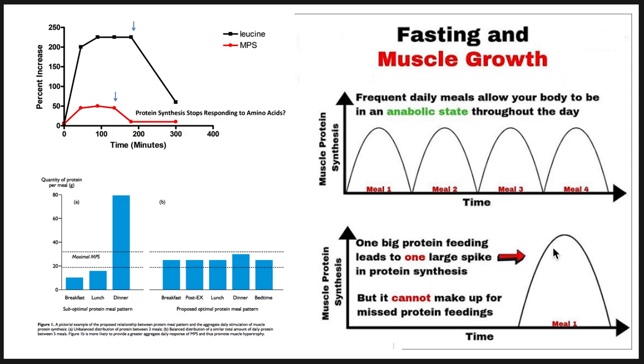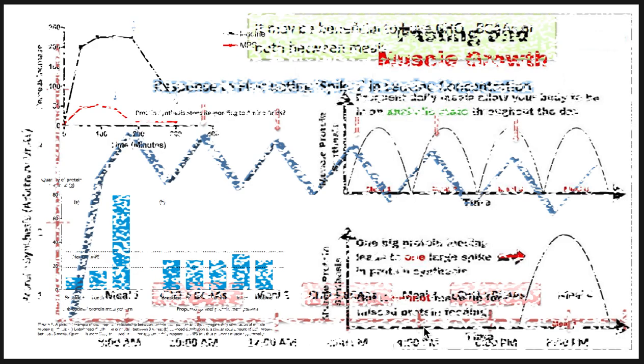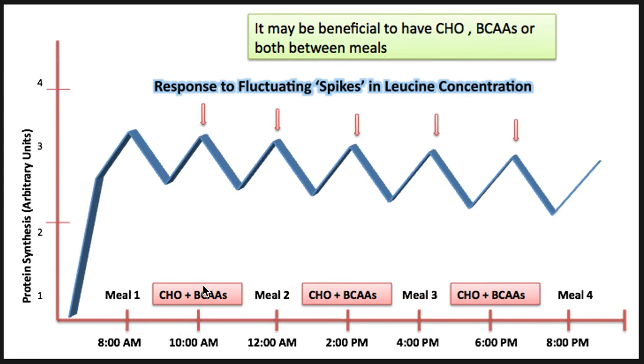Then we've got meal frequency and anabolic state. You take a lot of protein in one hit, you're going to get a bigger spike in protein synthesis, but it doesn't really make up for drip feeding it, as I was saying before. Potential to use carbs and BCAAs and get a little leucine spike, but remembering that leucine effect downregulates.